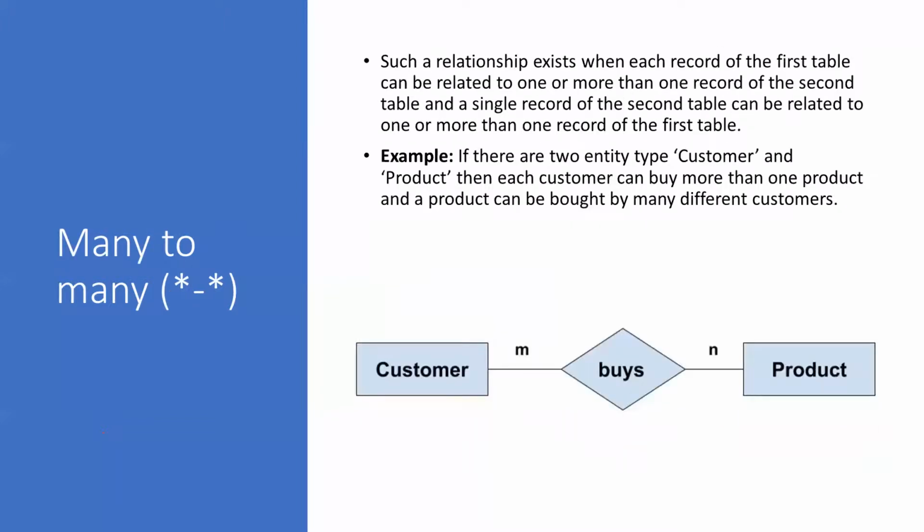Then moving on to the third relationship, that is many-to-many. Many records in the first table are related to multiple records in the second table, and whichever angle we view it from, it is always many-to-many. For example, a customer and the relationship is buys, and then the product.